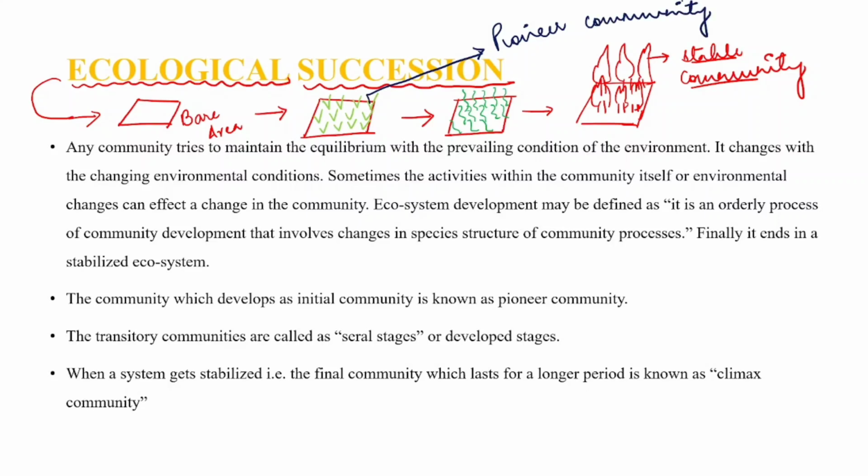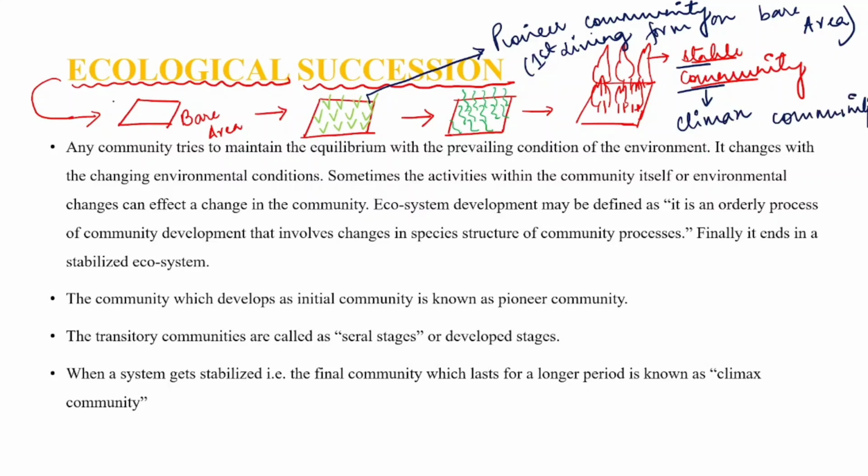That means this is the first living form on a bare area. And the stable community which remains for a longer duration, we call the climax community.